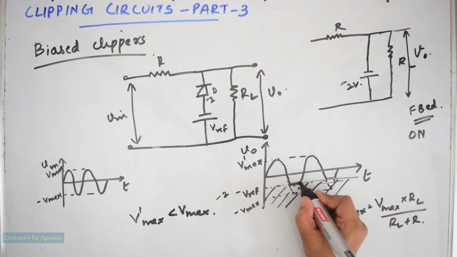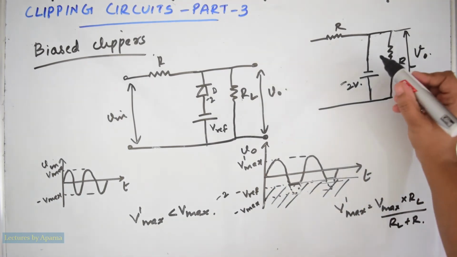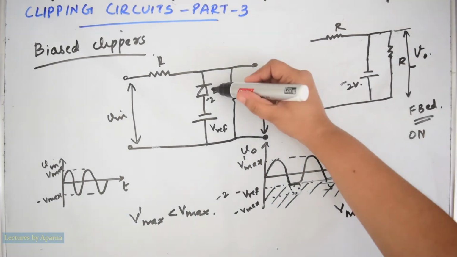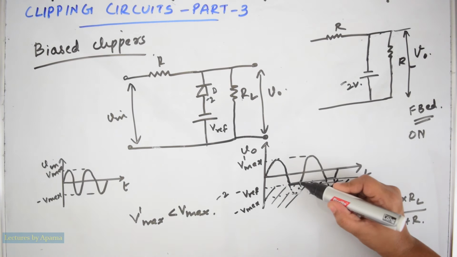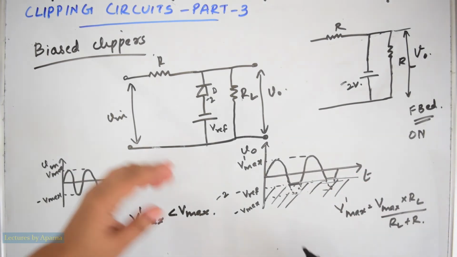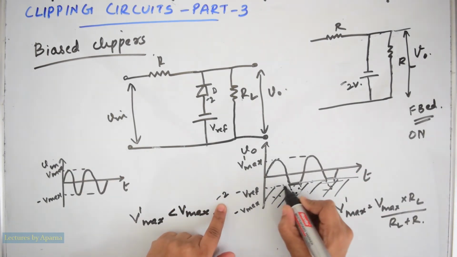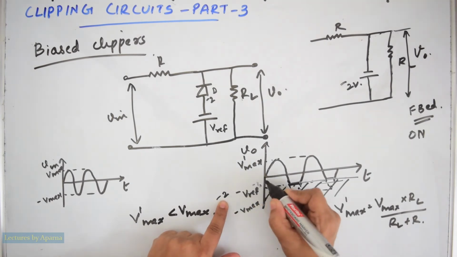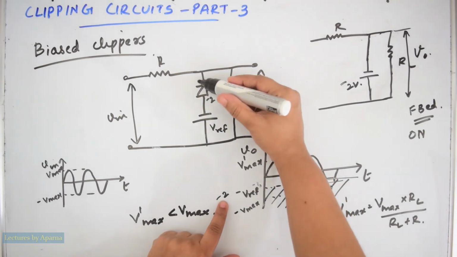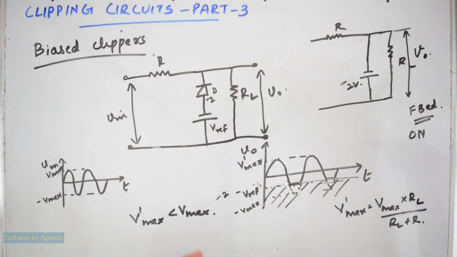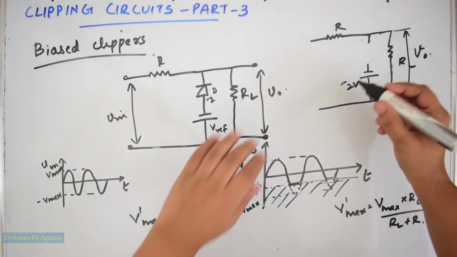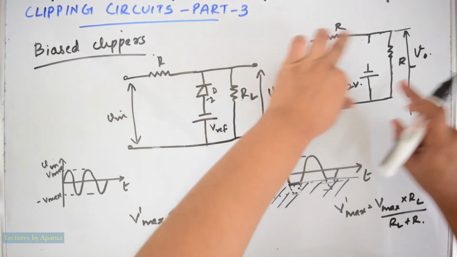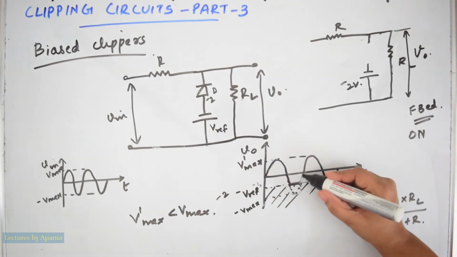Again, when the voltage in this diode becomes positive compared to minus 2 volt, that is when it becomes less than minus 2 volt, minus 1, etc., this diode will be off. Again it will be off and this will be cut off. And what happens? The input signal will appear as it is at the output. That is this portion.